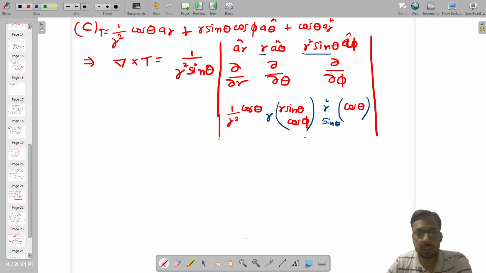So again, reevaluating this, we have a r, r square sine theta.